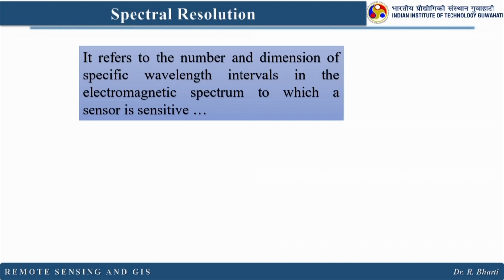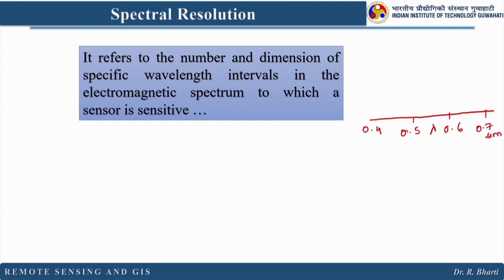In spectral resolution, it refers to the number and dimension of a specific wavelength interval in the electromagnetic spectrum to which our sensor is sensitive. So here you can understand, like if this is our wavelength starting from 0.4, this is 0.5, 0.6 and 0.7 micrometer, right.